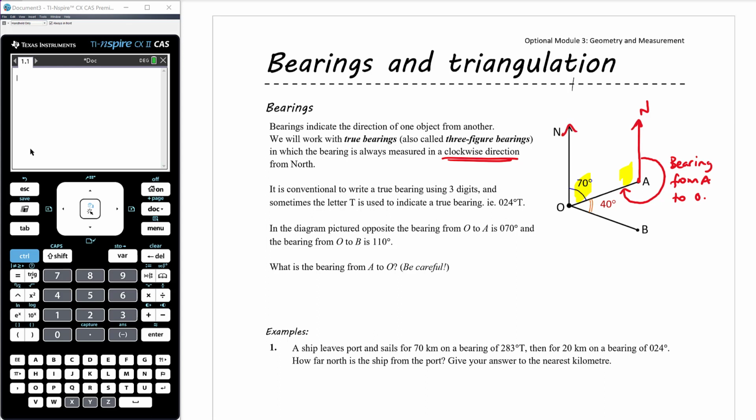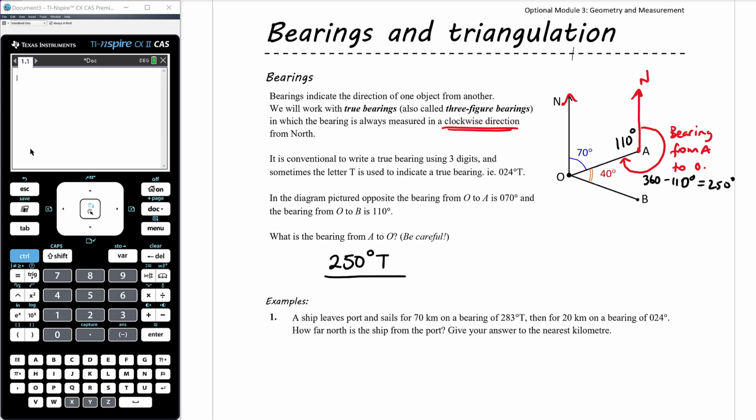So we know co-interior angles, when we have parallel lines, add to 180, which tells us that that's 110. And then if we take away 110 from 360, we get 250 as well. So a couple of ways to do it, but the bearing from A to O, or of O from A, just the same thing, is 250 degrees true. So it's really important to be clear about where you are measuring your bearing from.